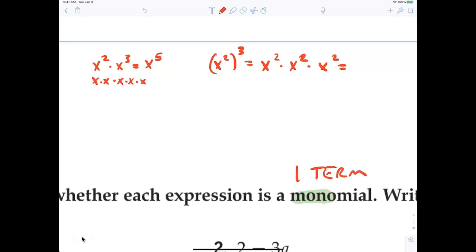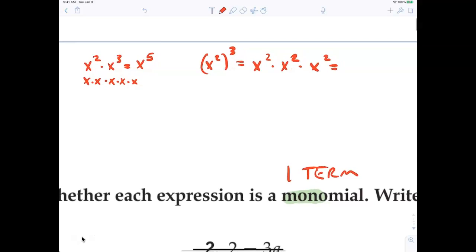Now, somebody tell me what's x squared times x squared times x squared? X to the 6th power. So what's the rule now for power to power? You multiply them. When you multiply, what do you do with exponents? Add.